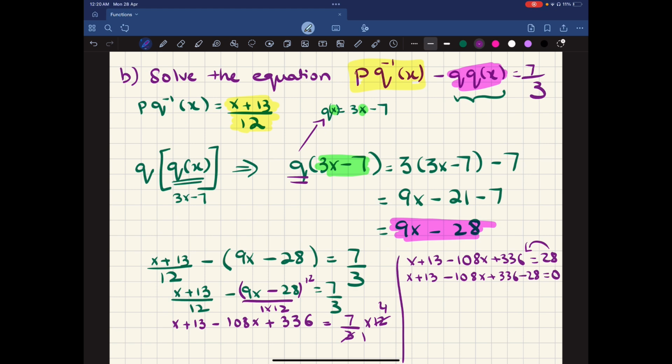Let's simplify the like terms. x minus 108x would be negative 107x, plus 336 minus 28 is going to be plus 321, is equal to 0. x is equal to negative 321 divided by negative 107. Okay, and using the calculator, you can find that x is equal to 3.